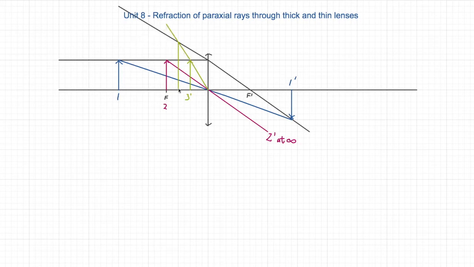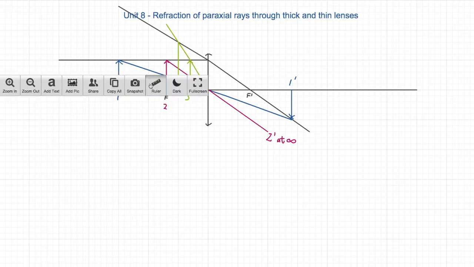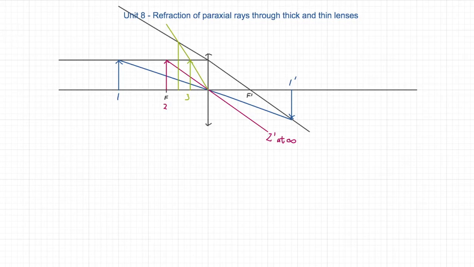Now we'll draw real object 3 between the focal point and the lens, and we see that produces a virtual image that's erect, 3'.